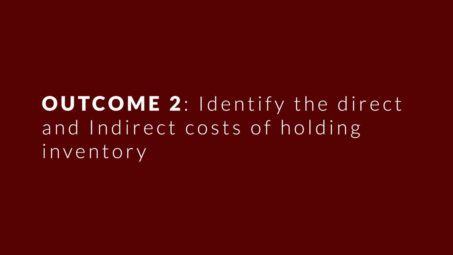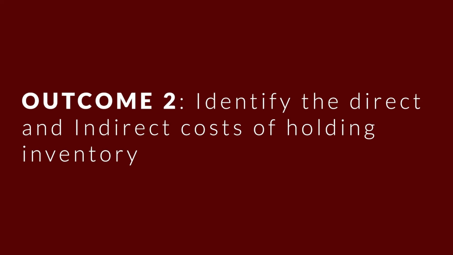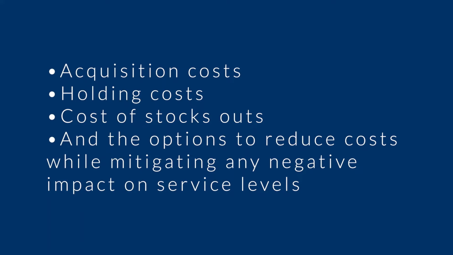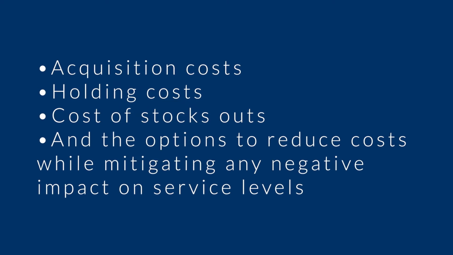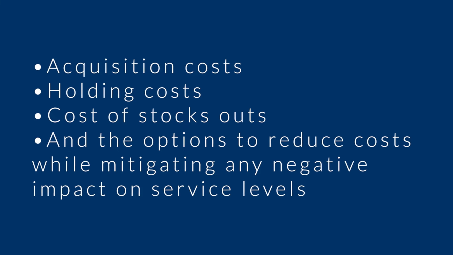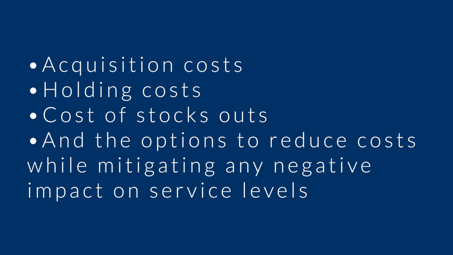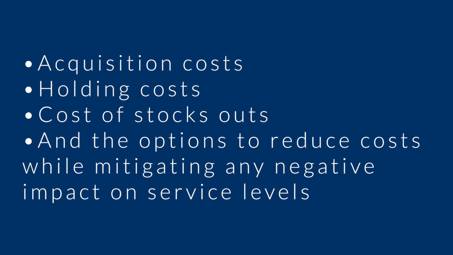So let's move on to the second learning outcome. The first learning outcome is just classifying stock, right? The second learning outcome is identifying the direct and indirect cost of holding stock. So this section is designed to ensure that you're in a position to understand acquisition costs, holding cost, cost of stockouts, and the options to reduce cost while mitigating any negative impact on service level.